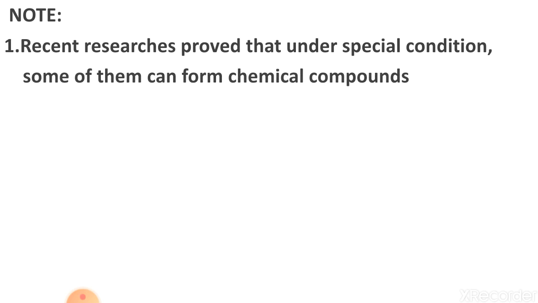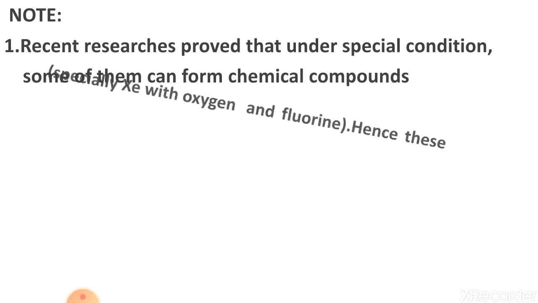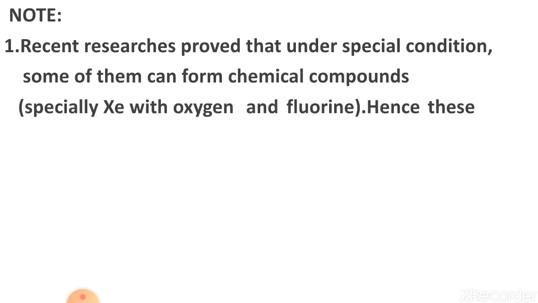So now dear students, some notable points regarding group 18 elements. Point number 1, recent researchers proved that under special conditions some of them can form chemical compounds, especially xenon with oxygen and fluorine. Hence these are now called noble gas but not inert gas.